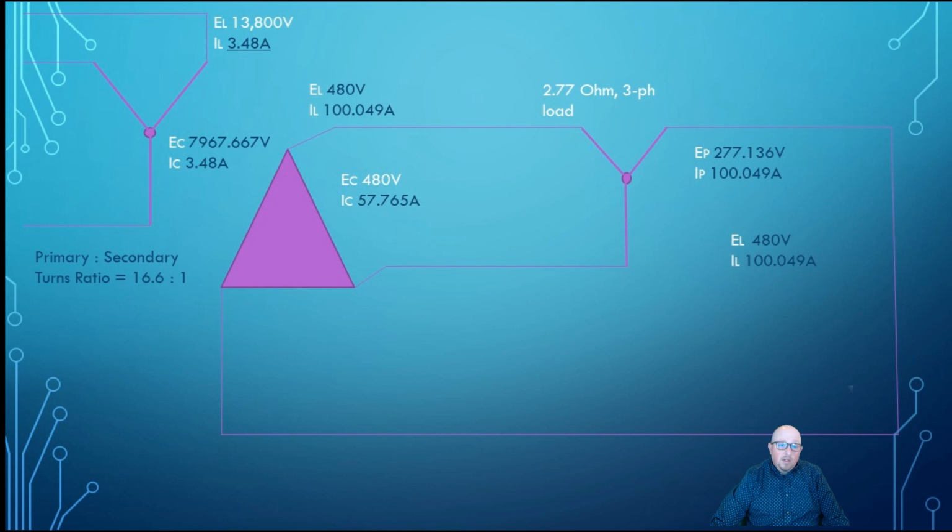You could see that my voltage on my line versus my phase in a Y is different by a factor of 1.732. My current in a delta is different by a factor of 1.732. It's really pretty simple. If it's the first time you've run across this or you're trying to do this calculation, it may seem complex. I just really wanted to show you how easy it can be.